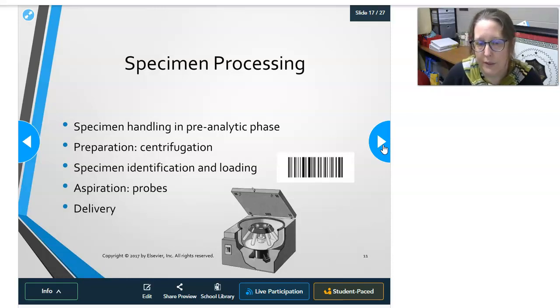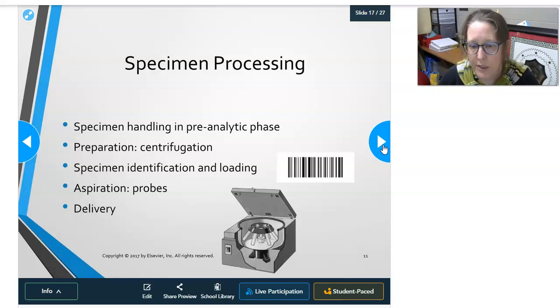Yeah, the delivery of the specimens is part of this. Delivery can be interpreted as delivery to the analyzer, or once you're in the analyzer, delivery to the cuvette system reaction module and stuff like that. But usually this whole specimen processing has to do with everything that has to be done to the specimen before the analytical process starts, where it's actually starting to measure stuff.